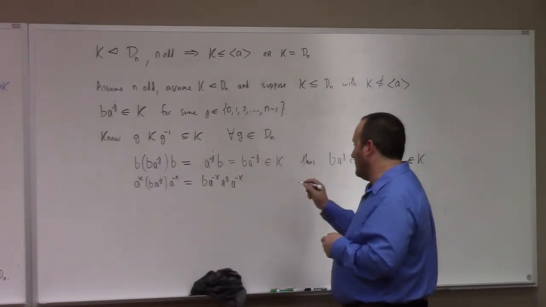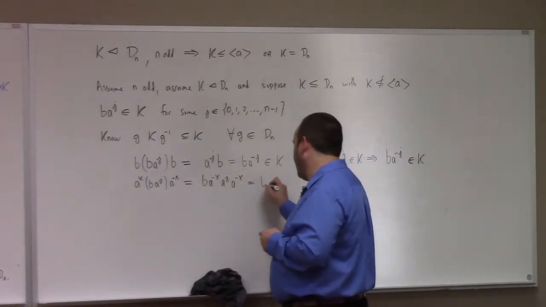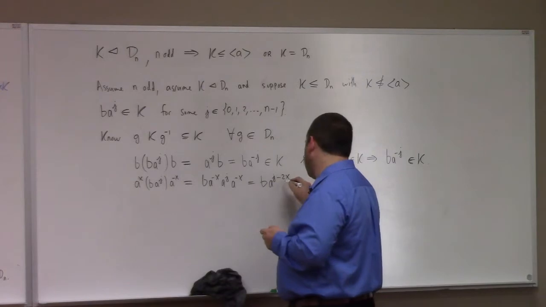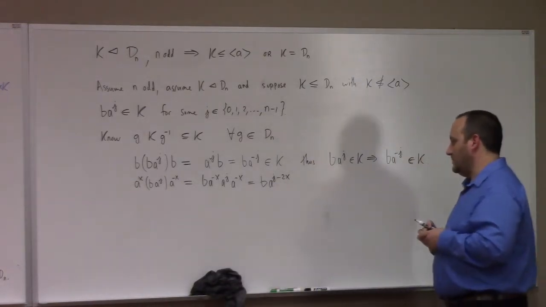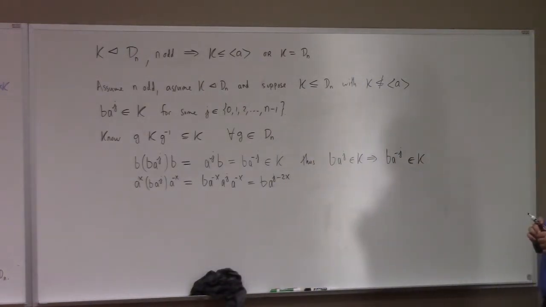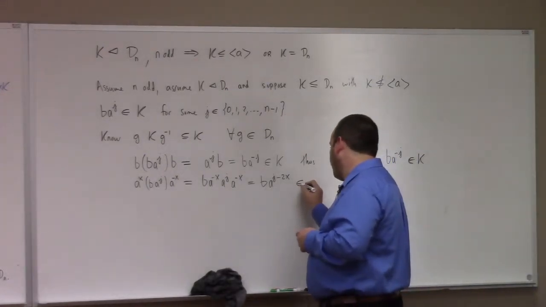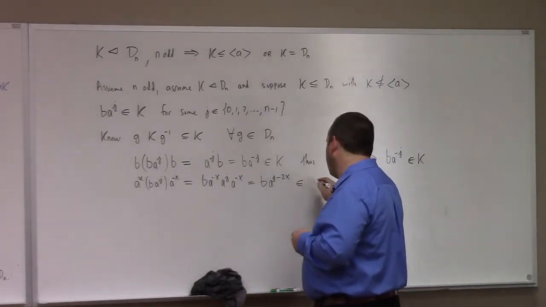Oh, it is helpful. This is B A to the j minus 2x. So that has to be an element of K.